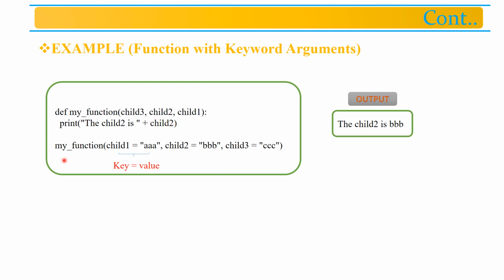Now I am going to call the function. Here I have given key equal to value: for child1 the value AAA, for child2 the value BBB, and for child3 CCC. So whatever value is in child2, BBB, the answer 'The youngest child is BBB' will get printed.